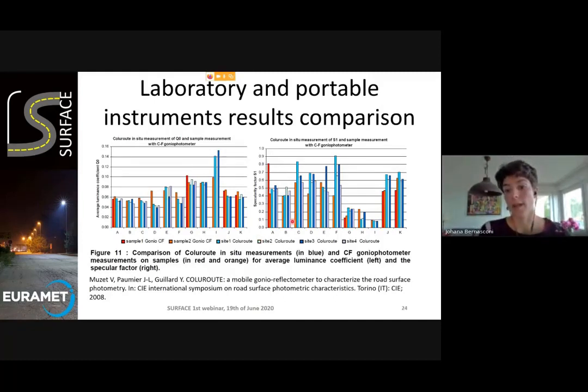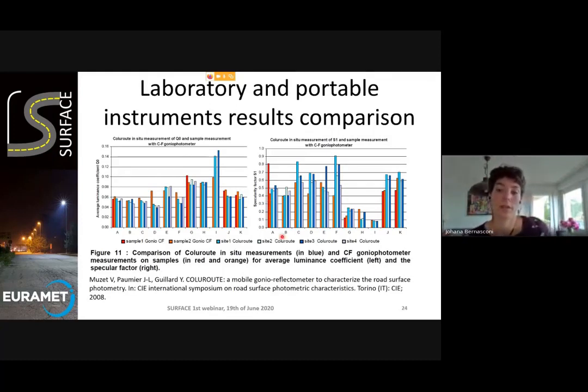For S1, we have stronger variation, but if we take a look, you can see that for the A spot, the first area, between the 2 samples measured in the laboratory, there are also quite large deviations.